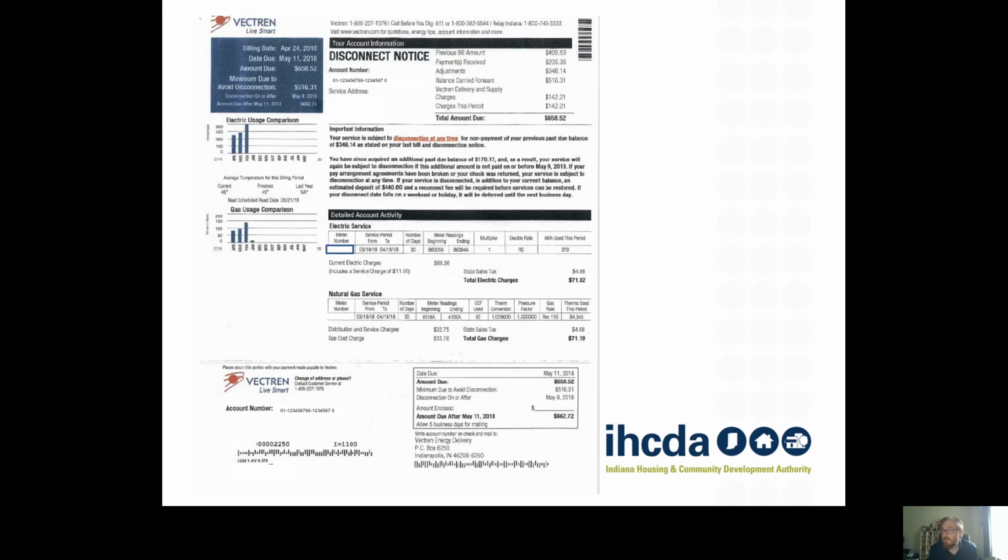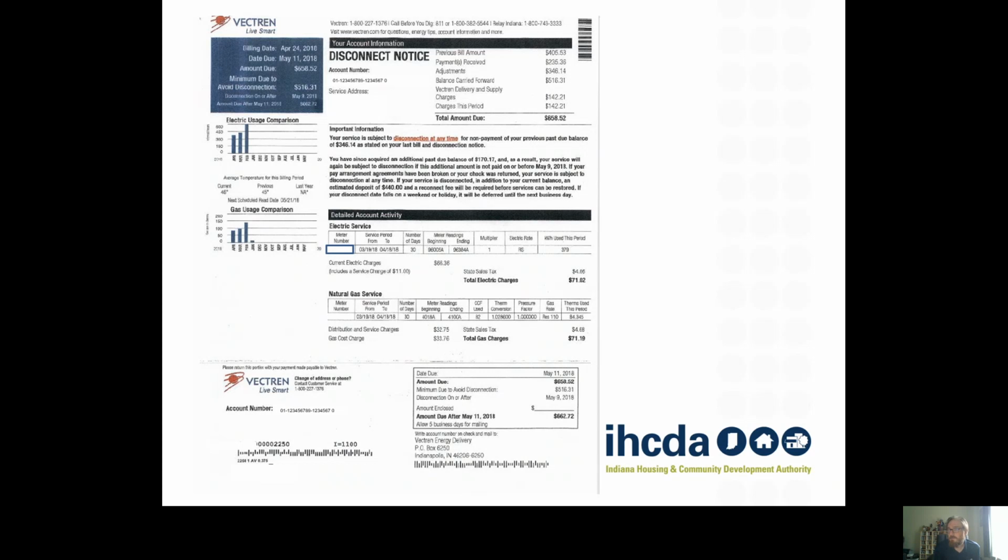However, if you look in the important information underneath that total amount, it says your service is subject to disconnection anytime for non-payment of your previous past due balance of $346.14. And so when you're calculating crisis, that's going to be the number you're looking at.